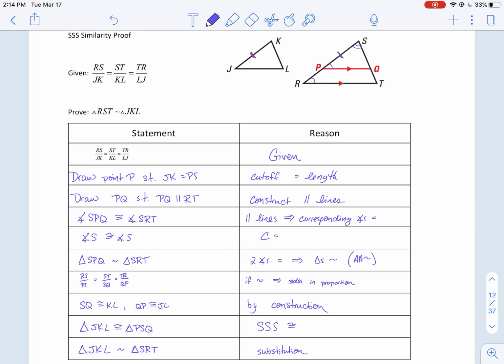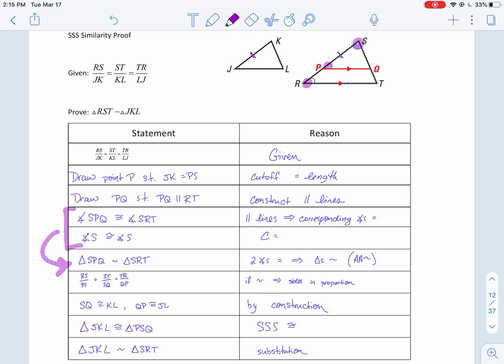Then we know that these two angles right here have to be equal because if lines are parallel, corresponding angles are equal. And then we're also able to conclude that angle S is equal to itself. So using these two pieces of information, we can conclude that our two triangles are similar because if two angles are equal, that implies triangles are similar.